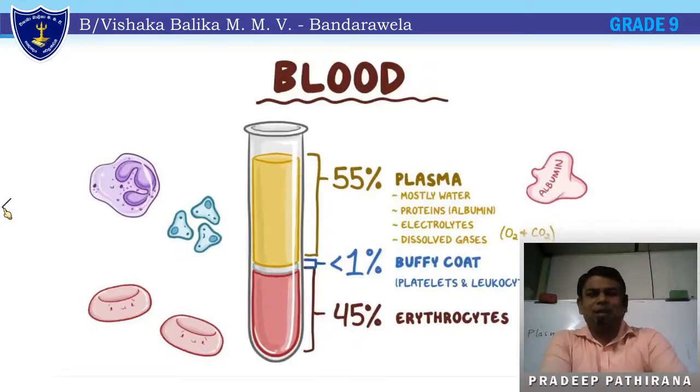And the buffy coat, the platelets and leukocytes, is less than 1%, and 45% erythrocytes. If you get the sum, it will be about 101. Actually, erythrocytes are around 44-45%. And then there are the shapes of corpuscles.